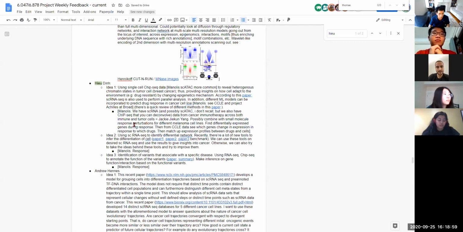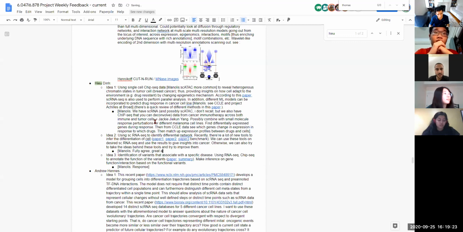Cool. All right, idea 2, using scRNA-seq to identify differential networks. Recently, there are a lot of new tools to infer the differential networks. We can use these tools on desired scRNA-seq and use the results to give insights into cancer. I love it. Also take ideas behind these tools. Yeah, fully agree.